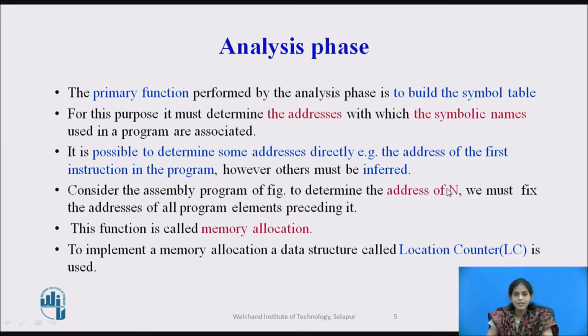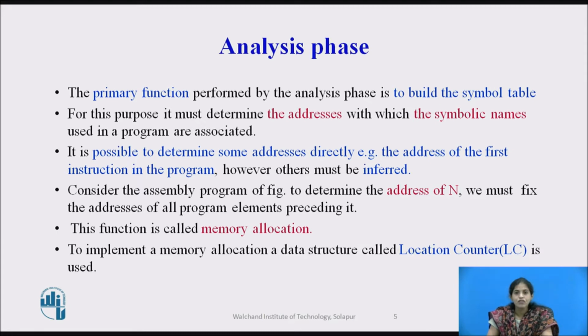Now we see the analysis phase first. The primary function performed by the analysis phase is building the symbol table. For this purpose it is required to determine the addresses with which the symbolic names used in the program are associated.